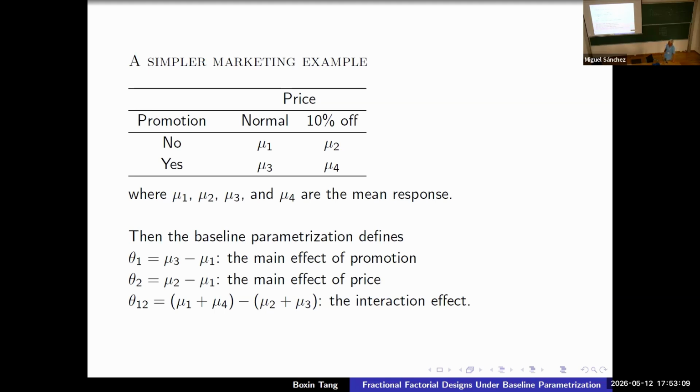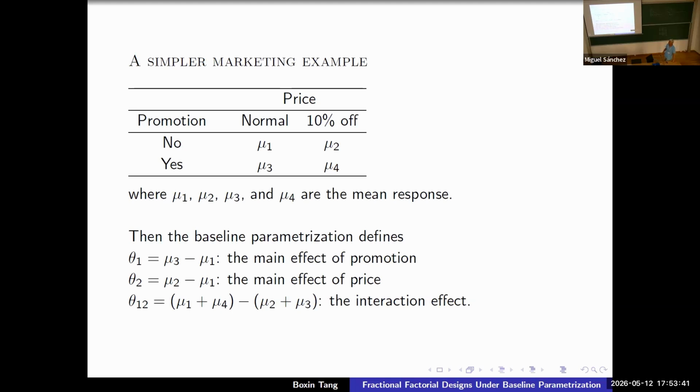Mu3 minus mu1 is when you change promotion from no promotion to yes promotion while holding price at the normal level, right? So you don't change the price, just change the promotion from one level to the other. This is the effect of promotion. Why? Because we prefer the default level.